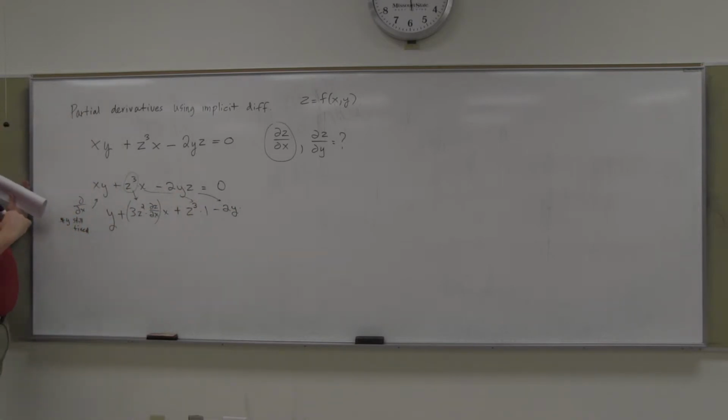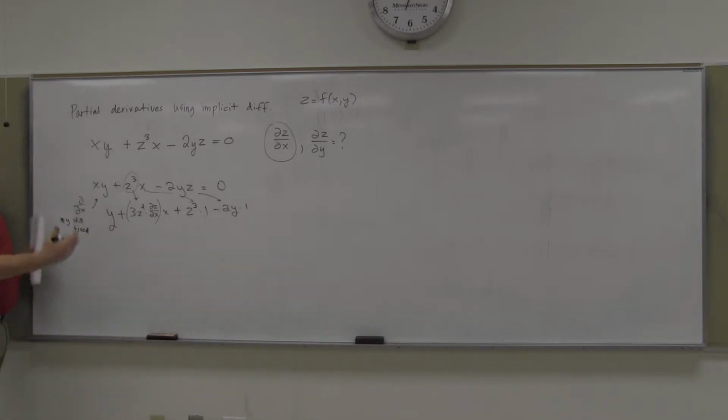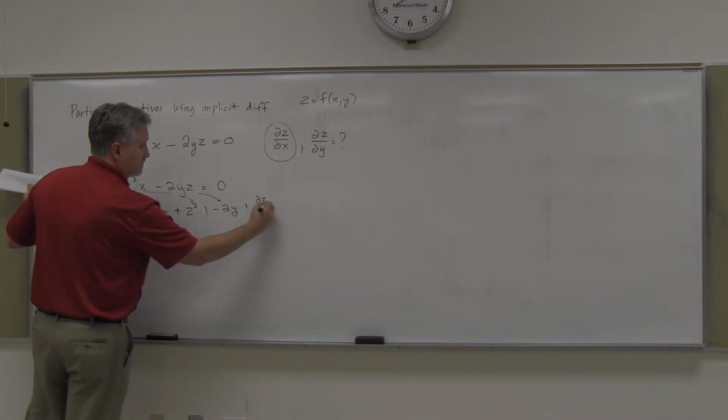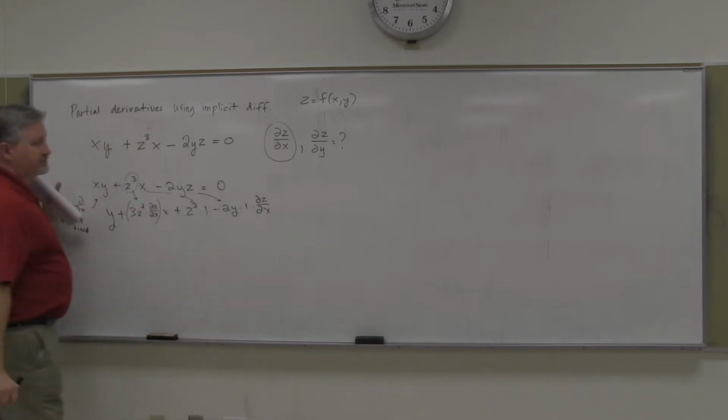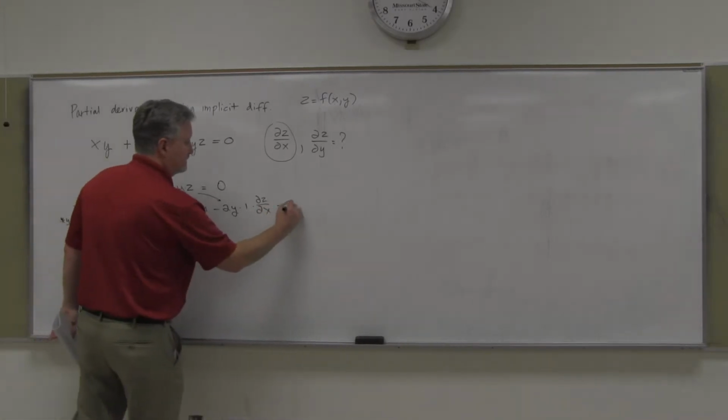The derivative there of z, by power rule, is just 1, but since I'm doing the partial with respect to x, I also need the partial of z with respect to x term. That equals 0.